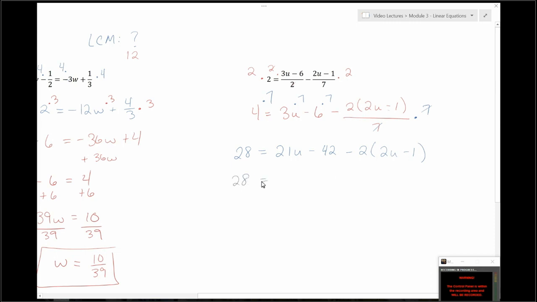All right, but now it looks exactly like the others, except maybe I have to do a little bit more work. Oh, 2. So I'll combine my like terms. I'll move the 40 over. And then, oh, wait. 21 minus 4 is 17.